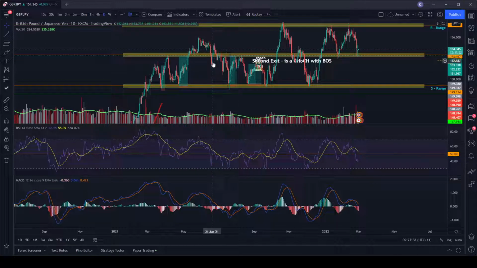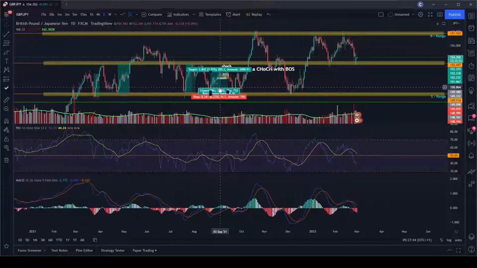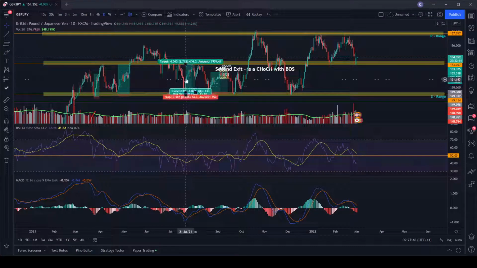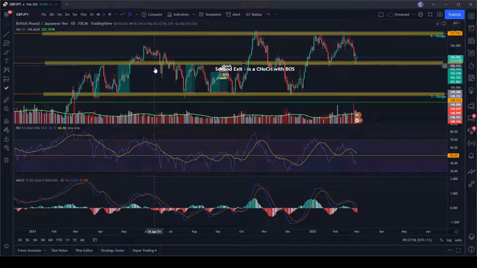You just follow it until it's changing trend. There's no change in this on the daily, because the high is here, so it's got to come all the way up. Until the high's broken, it's ranging.